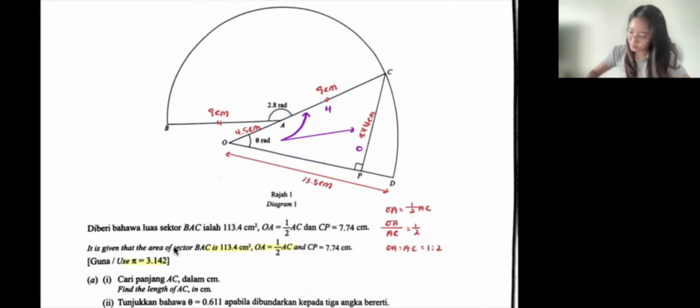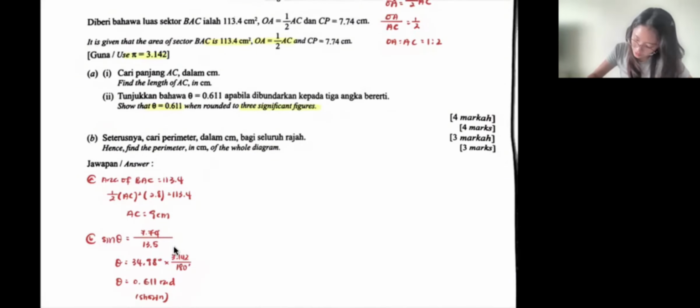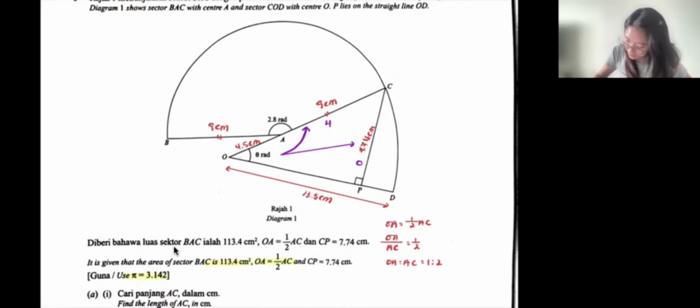Perimeter of the whole diagram, let's start with the radius first: 13.5, 4.5, and 9.